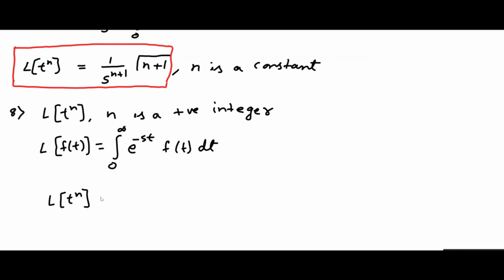So the Laplace transform of t power of n equals the integral from 0 to infinity of e power of minus st, and f of t value is t power of n, times dt.